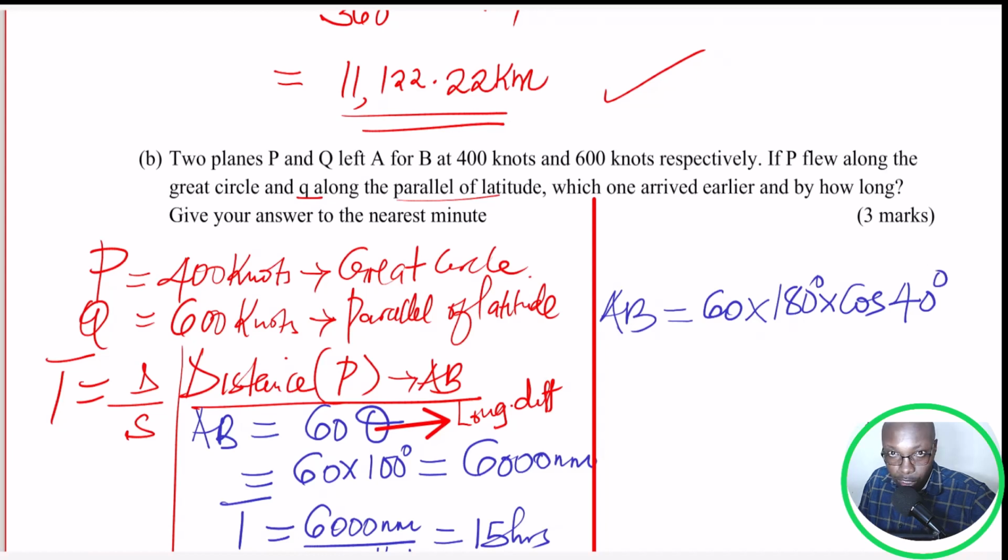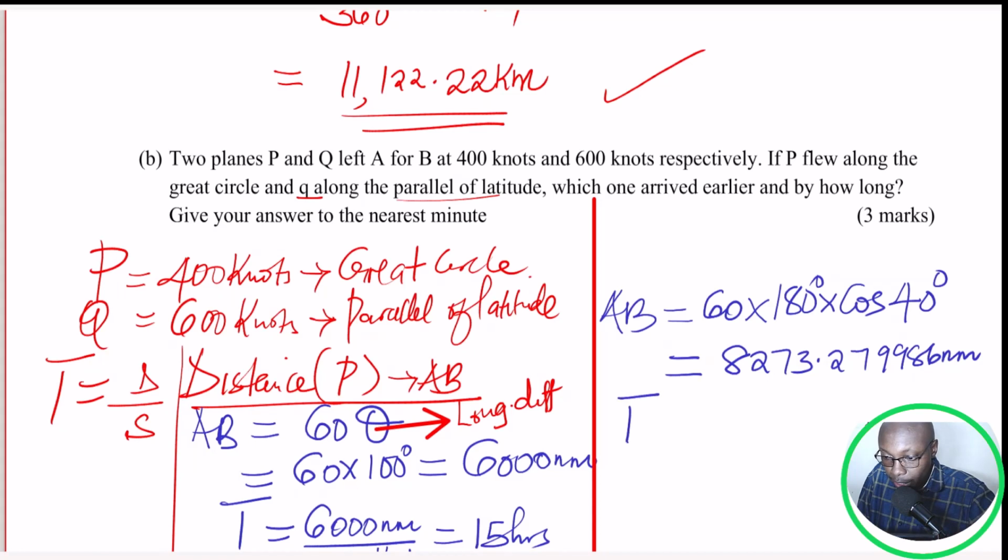Both of them are on latitude 40 degrees north. So work out 60 multiplied by 180 multiplied by cosine of 40. This will give 8273.279986 nautical miles. Now we have the distance traveled by Q from A to B along the parallel of latitude.